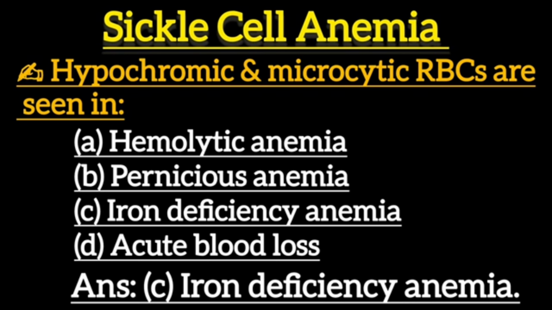Next one is hypochromic and microcytic RBCs are seen in option A hemolytic anemia, option B pernicious anemia, option C iron deficiency anemia, option D acute blood loss. Correct answer is option C iron deficiency anemia.